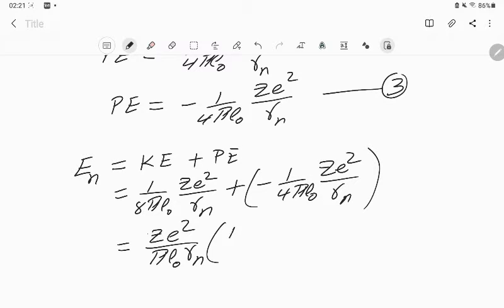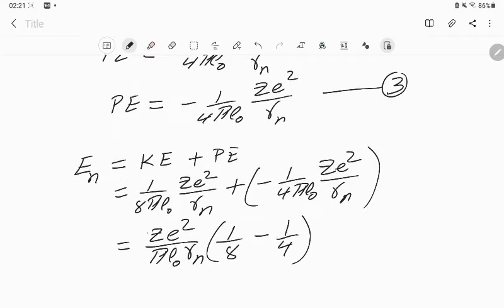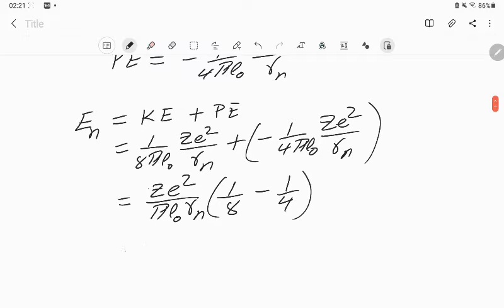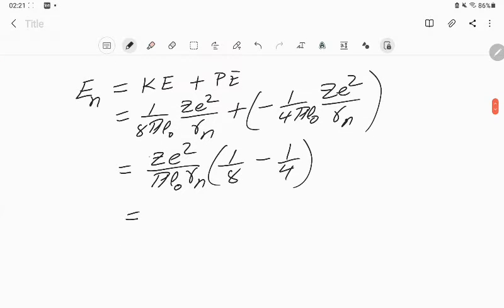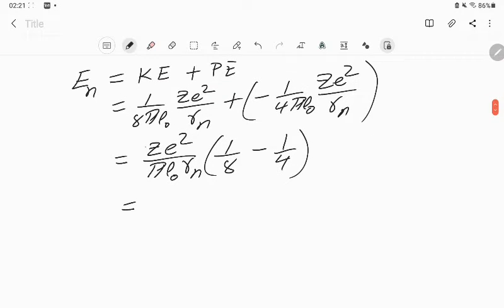Here the remaining will be 1 by 8 plus, plus into minus is minus 1 by 4. So 1 by 8 minus 1 by 4 is how much?